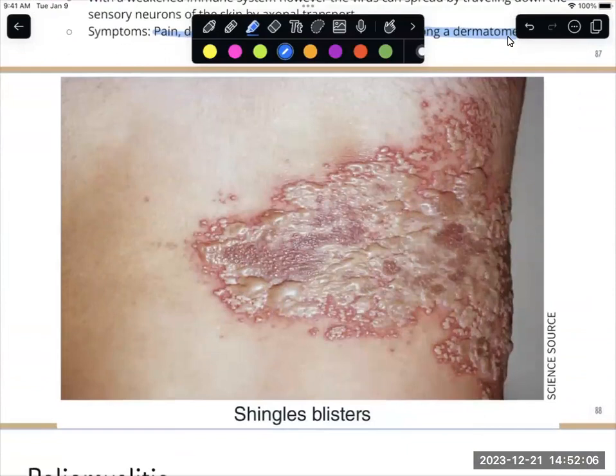These are the shingles blisters that are caused by this virus. Those of you who had the chickenpox vaccine don't have to worry about it. Those of you who had chickenpox as a kid, as you get older, you're going to need to get that shingles vaccine to prevent this, because I've been told it's extremely painful from people who have had it.